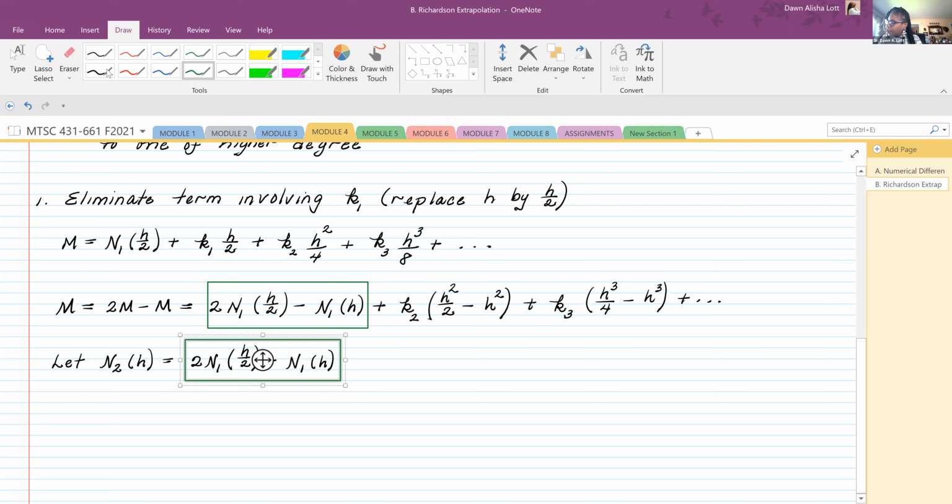But I'm going to rewrite that as N1 of H over 2 plus N1 of H over 2 minus N1 of H. And I know this looks silly, but I need to divide this by 1. Okay, so now I have N2.